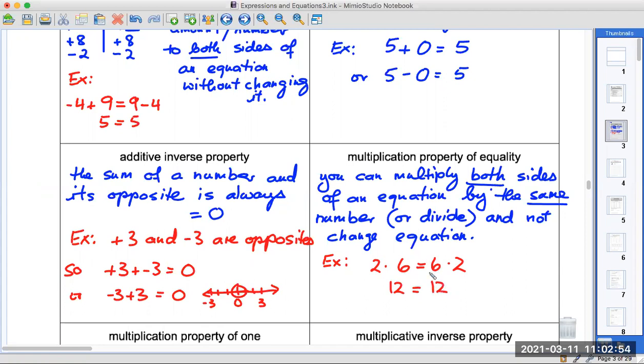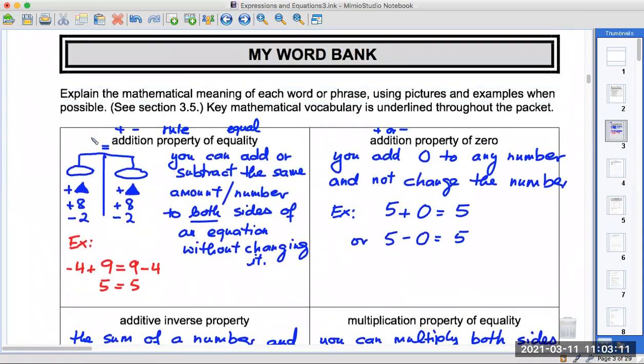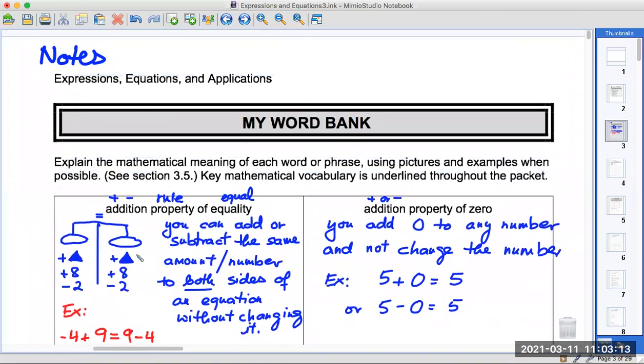That's all it is. It kind of makes sense, right? Still the same value, balances out. It might be double as much, but the balance is still there in our scale. It's all about the scale up here. See, it's the same when you add or subtract, multiply or divide.